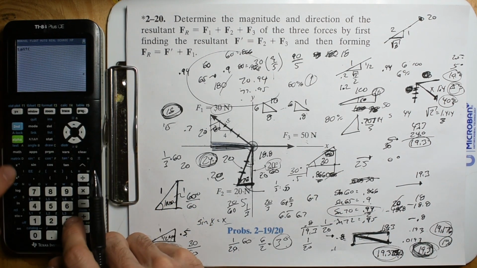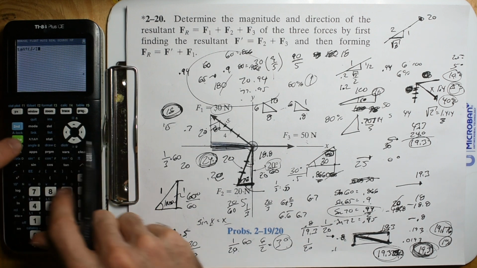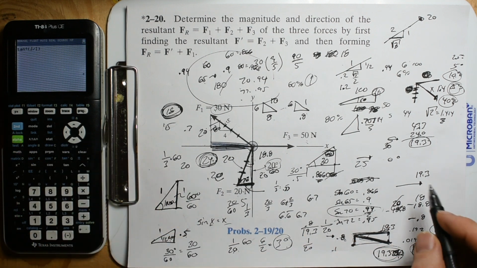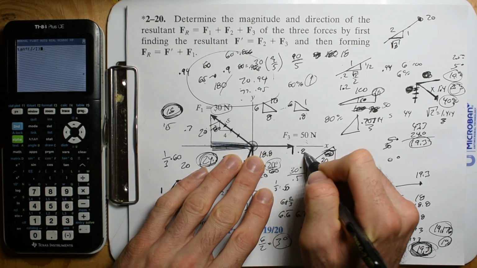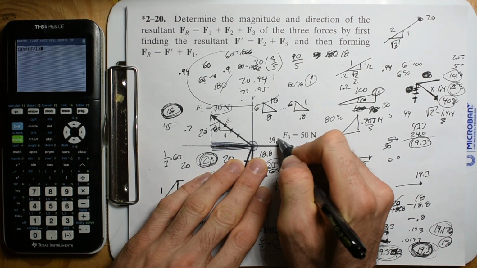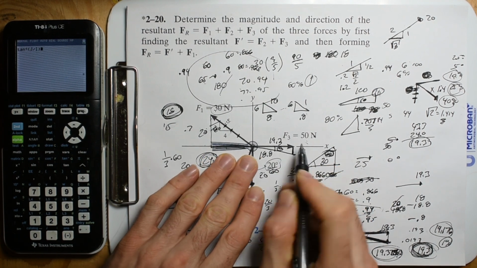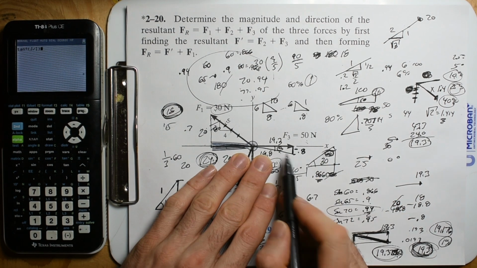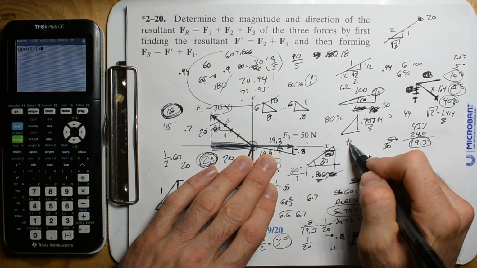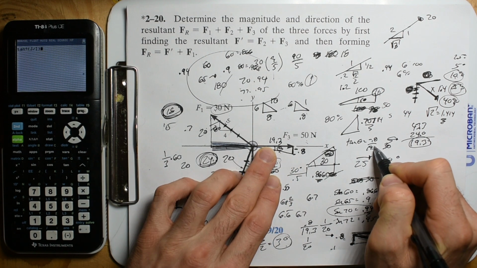We're going to go inverse tangent of alpha j divided by alpha I, and it's going to be in the negative direction. So if here was my negative 0.8 and this was 19.3 basically, then here's my angle. The tangent of this angle is going to be negative 0.8 divided by 19.3.